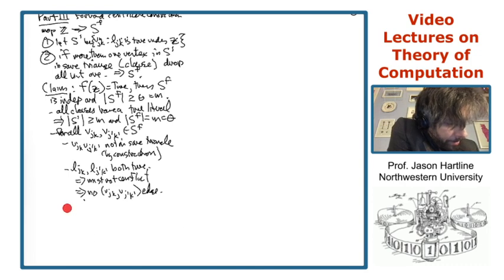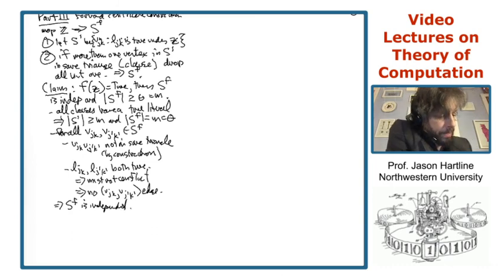Combining these two observations, it must be that S_F is independent, because no pairs of vertices selected in S_F have edges between them. Great, and so that is our claim.